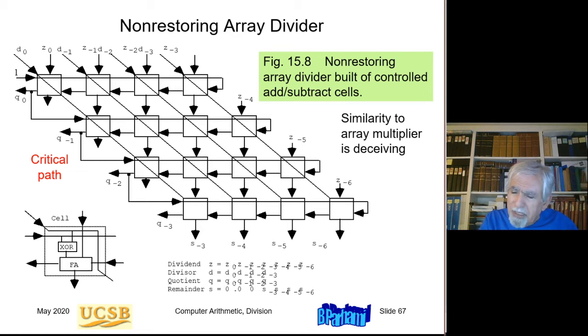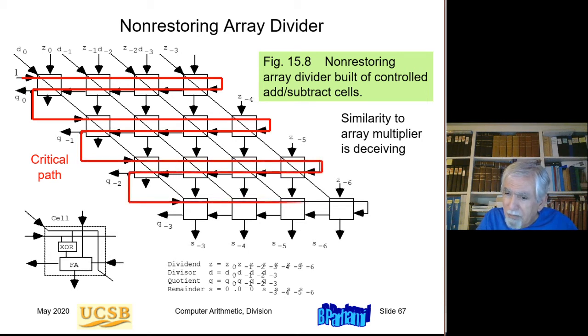The critical path of an array divider, I'll do it on this non-restoring version, but it's the same for the restoring version. The critical path, this red path that you see being drawn, goes through all the cells. So the length of the critical path is order k squared, which is awful, order k squared latency.